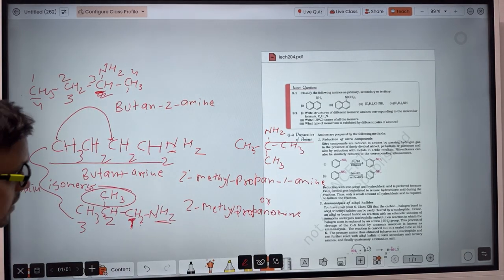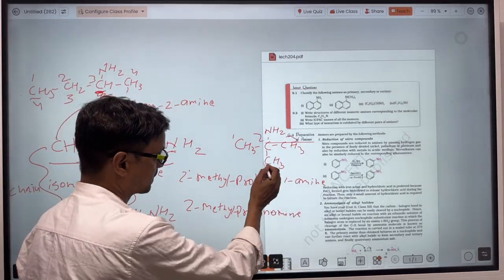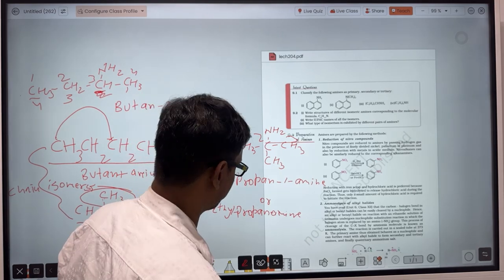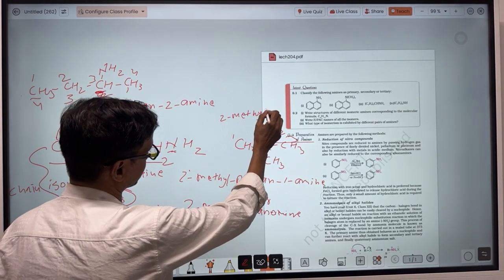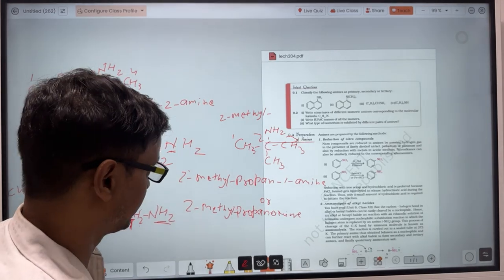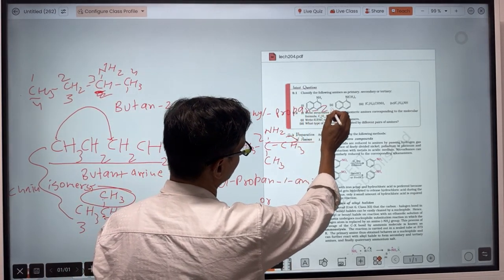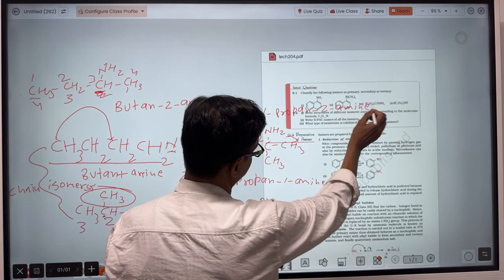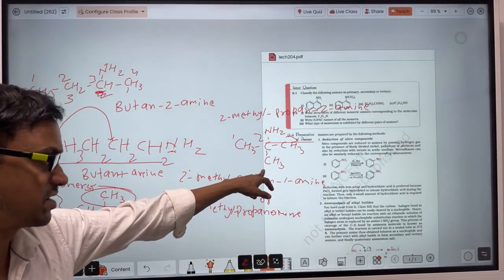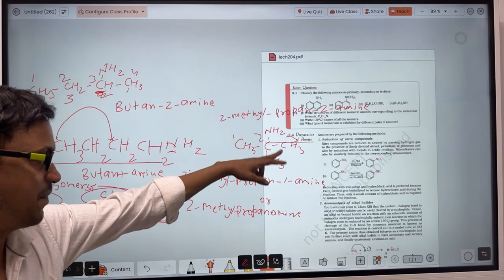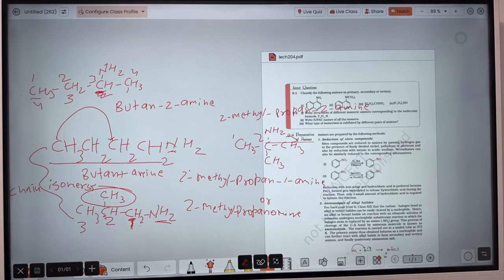Here 1, 2, 3 will be the numbering. At the second position there is methyl, and at the second position the amino group also. So that will be 2-methyl, and here it is propane-2-amine, because at the second position the functional group is present as well as a substituent. So that's why the IUPAC name is 2-methyl propane-2-amine.